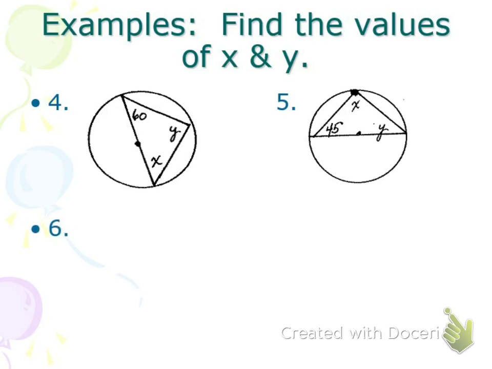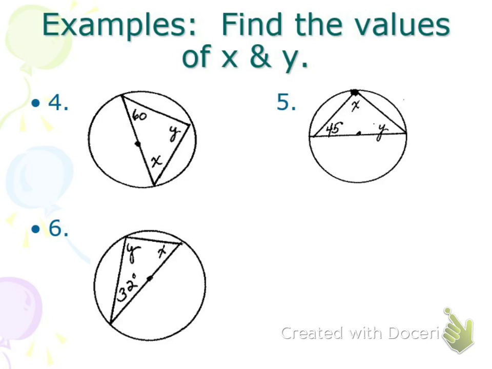All right, on these examples, we are working to find both x and y. So we have a triangle inscribed in a circle where one side is the diameter. So that means this must be what kind of triangle? A right triangle. A right triangle has to have what kind of angle in it?